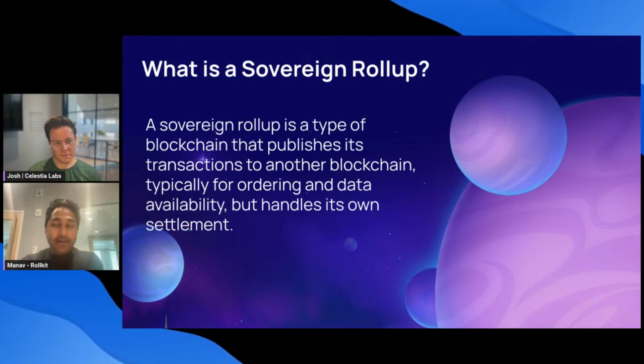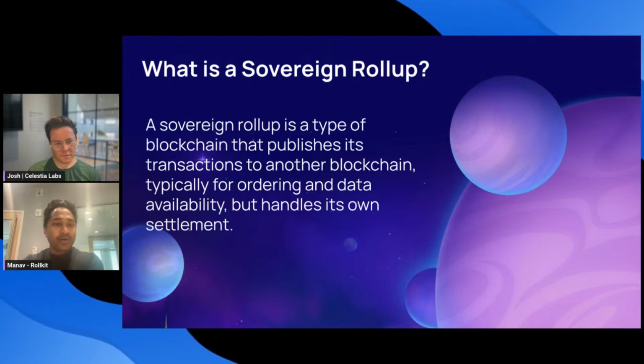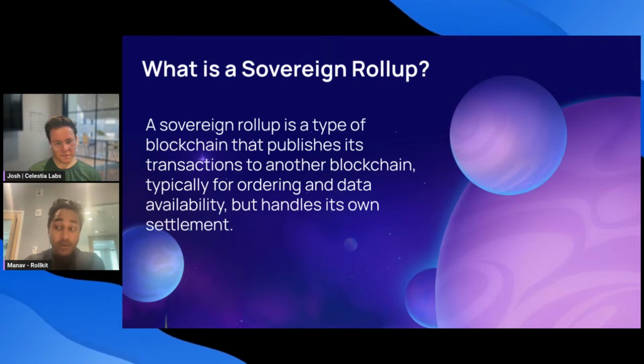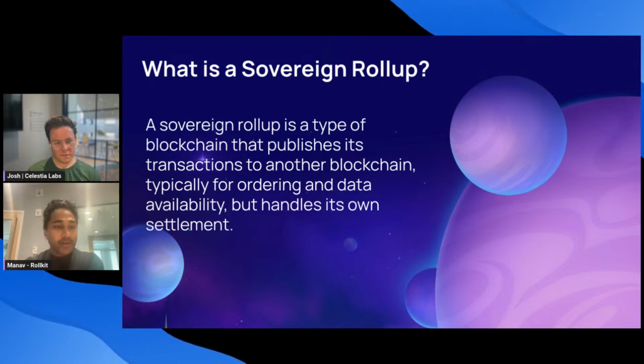And they have to prove to Ethereum every hour or every 10 minutes or something, depending on the rollup implementation, that the state root they're posting is correct. The transaction data that they post could be on Ethereum, or it could be on another layer like Celestia.